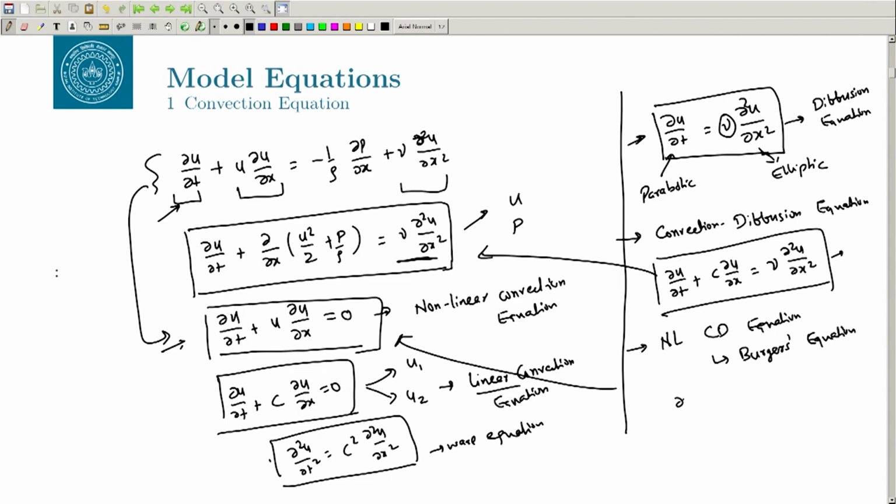That equation will look like del u by del t plus u del u by del x is equal to nu del square u by del x square. Once we see that our numerical and discretization schemes are working fine with all these different kinds of equations, we will have confidence that we are ready to tackle the full Navier-Stokes equations, first in 1D, then 2D and 3D.